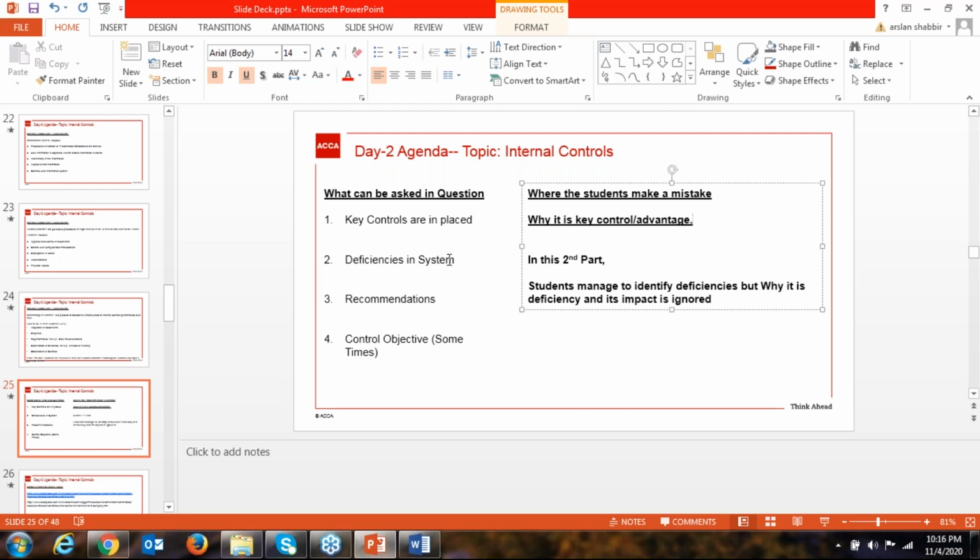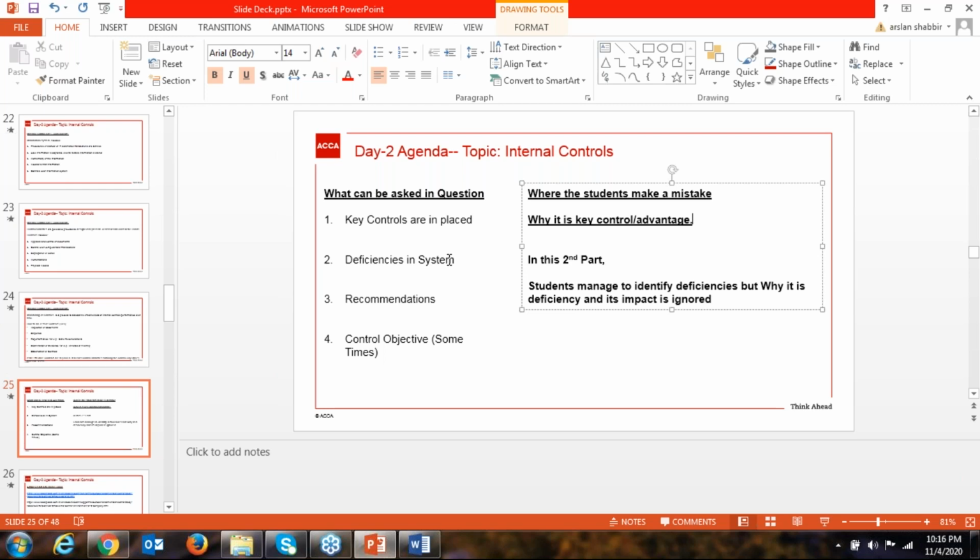Another thing the examiner can ask in the coming attempt is deficiencies in system. You need to identify from the question where these deficiencies are. Suppose the examiner says in the case study that there is only one person responsible for all the purchases. This is a deficiency in system.